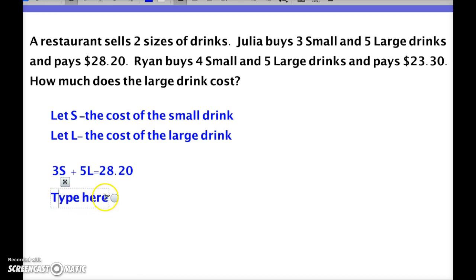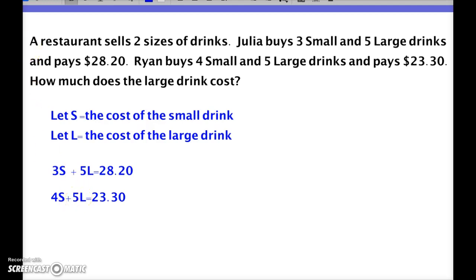So similarly, his would be 4 times the cost of the small drink plus 5 times the cost of the large drink, and that would equal $23.30. And so now I have 2 equations, 2 variables, and you can see that since they both have 5 large drinks, this is all set up for elimination by just subtracting the 2 equations.